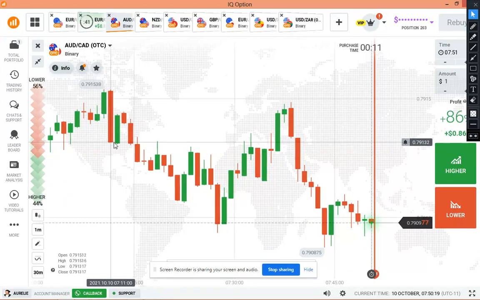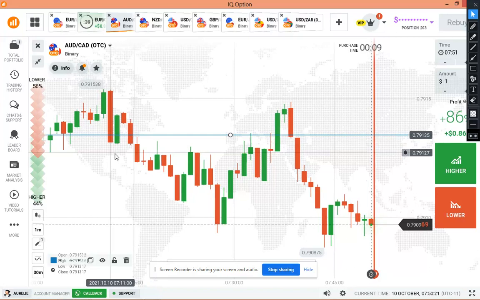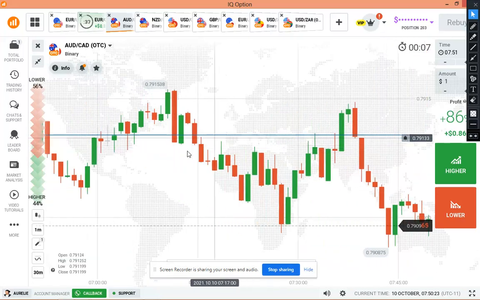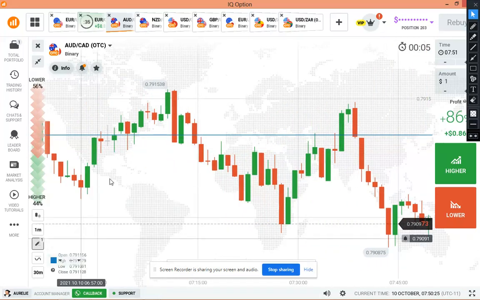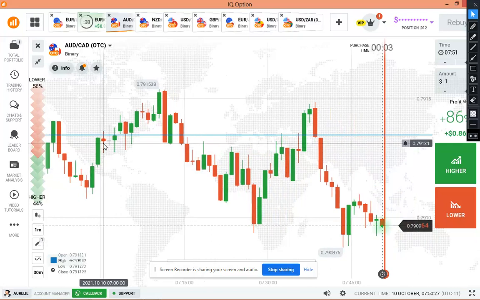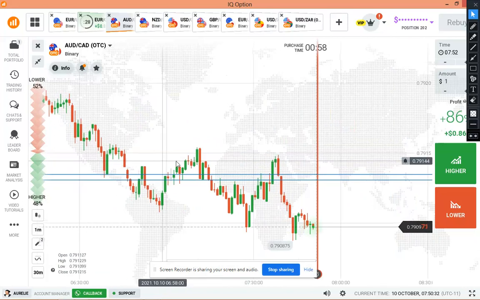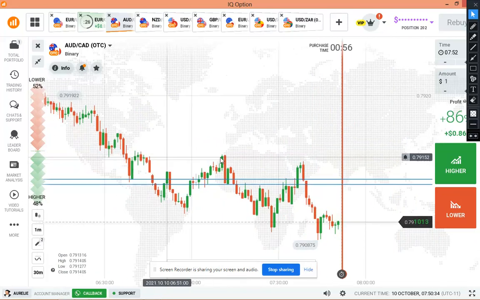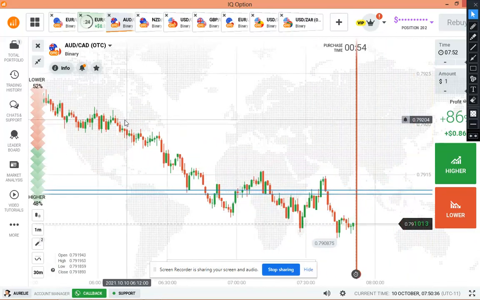So I'm going to draw a level. Let me make it here. Let me put the first line here, and the second line should be around this. Okay, let me try to confirm if I drew it correctly.